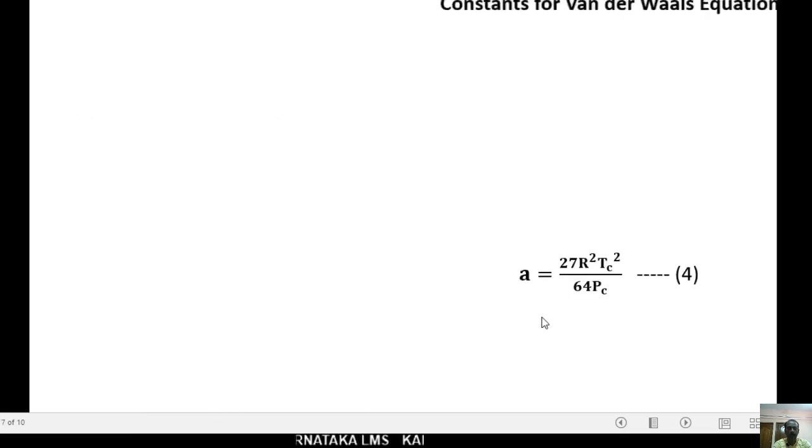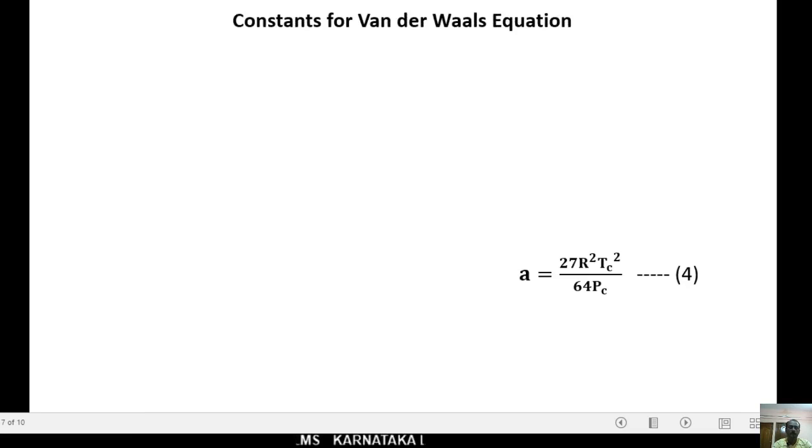Now we can move towards constants for van der Waals equation. Here in the van der Waals equation, we know that P plus a by V square into V minus b equals RT. Here a and b are the van der Waals constants.